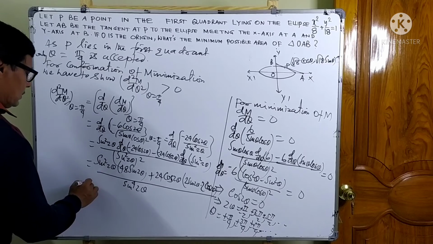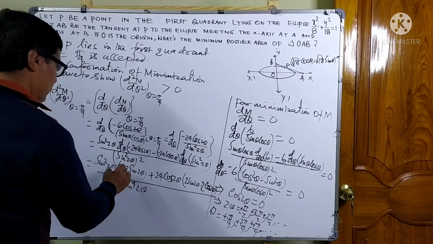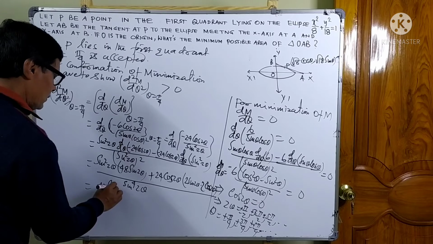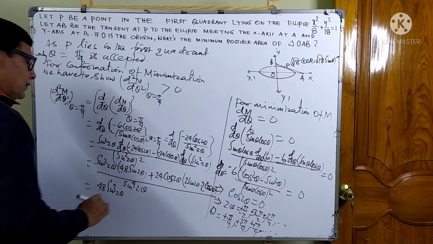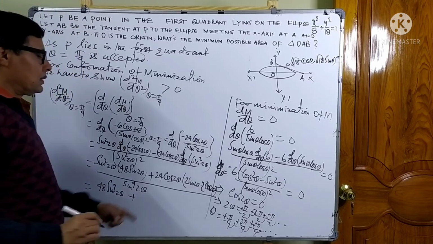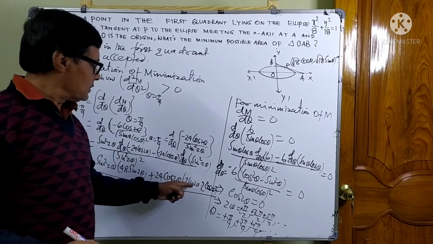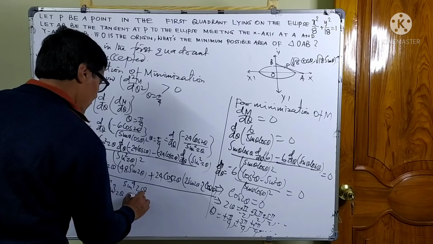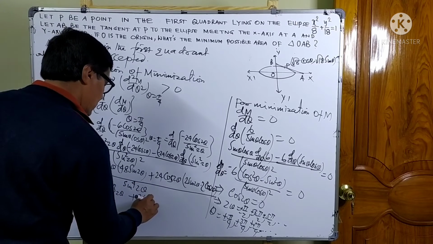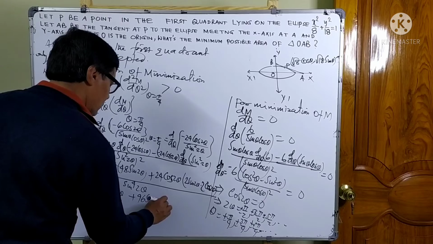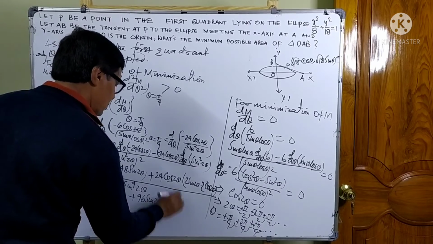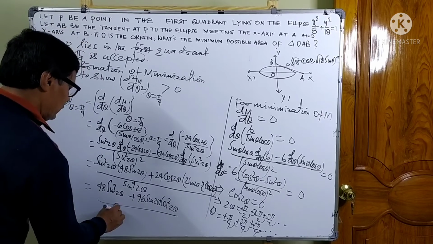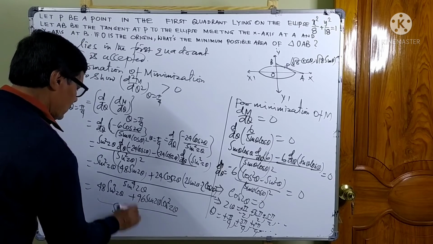This is equal to 48 sin cube 2 theta plus 96 sin 2 theta cos square 2 theta over sin 4 2 theta.